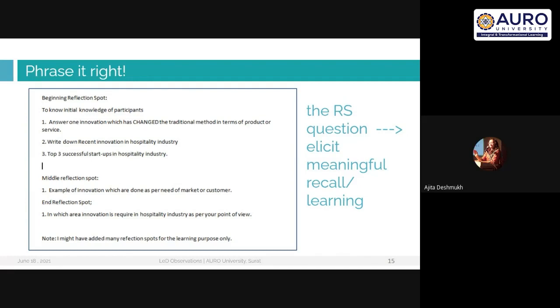Now for this, I think we had very nicely placed three reflection spots. We picked this up because it was placed, as is very clearly mentioned, one at the beginning, one in the middle, and one towards the end. And a number of choices also at the same spot.